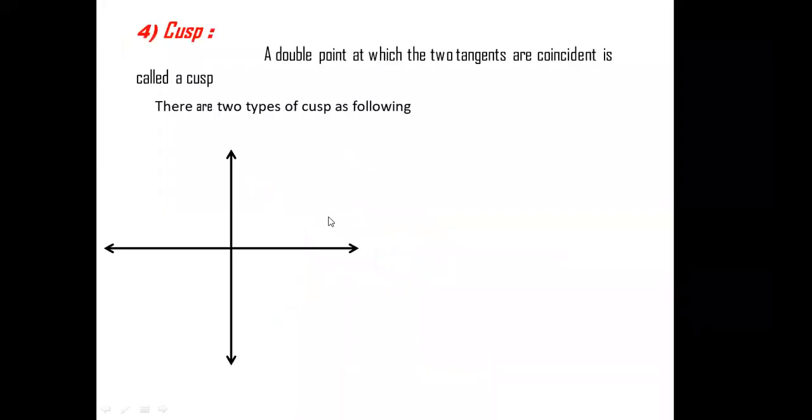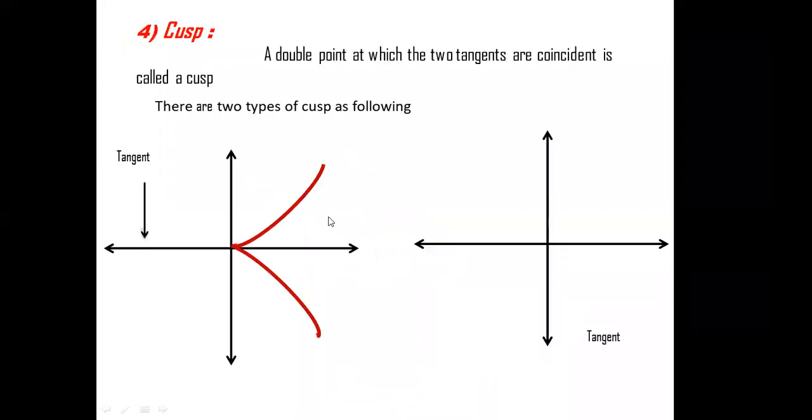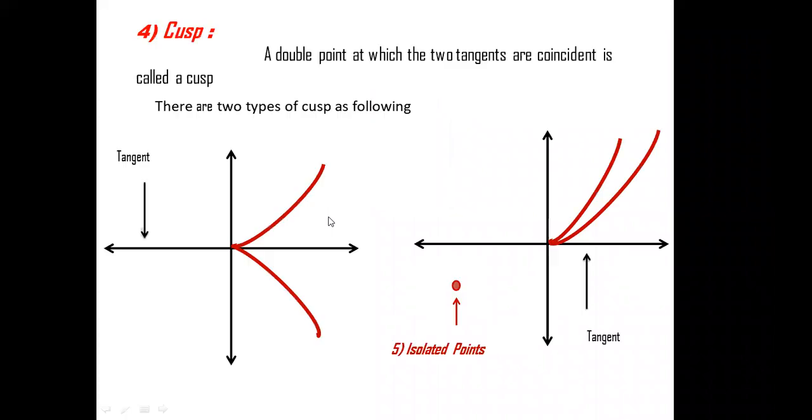This is a cusp. Okay, this is an isolated point. So this concept we already saw in the morning lecture. So this is nothing but the introductory lecture of curve tracing.